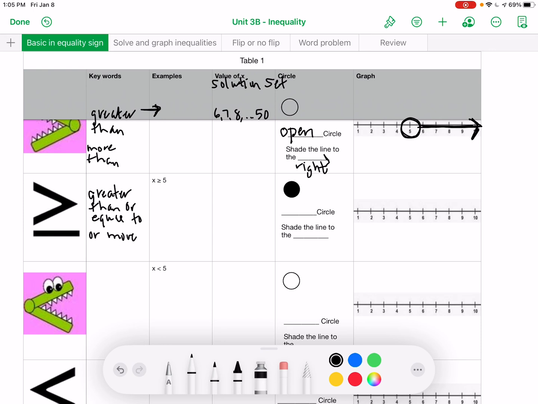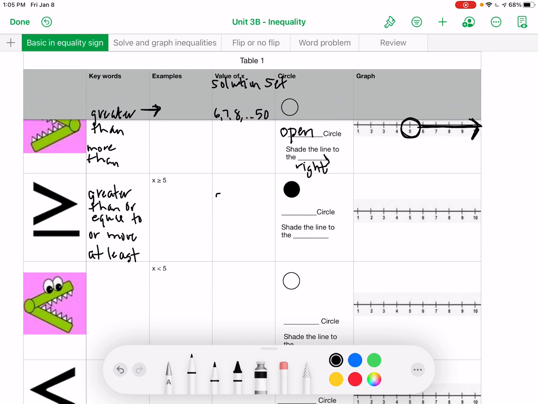And a very popular one could be at least. At least. You must be at least 16 years old to drive. There's an example. Okay, the example they have here, we're using 5 for all these so you can see the difference. X is at least 5. If it's at least 5, then it is 5 or more.